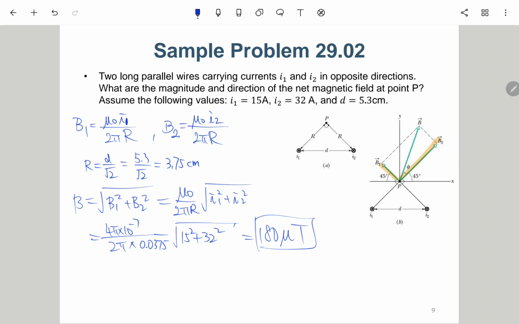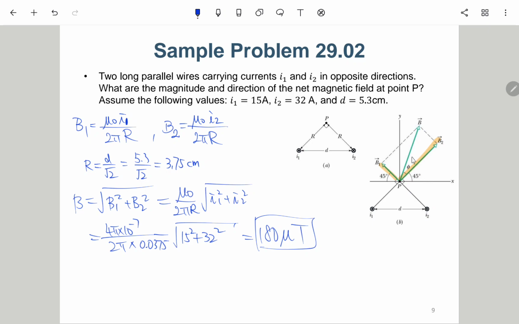And then we still need to know the angle. Of course, what we can do is decompose B1 on the x-axis and y-axis, and also decompose B2 on the x-axis and y-axis, and then add the x-axis components and add the y-axis components, and then finally we can get this angle.